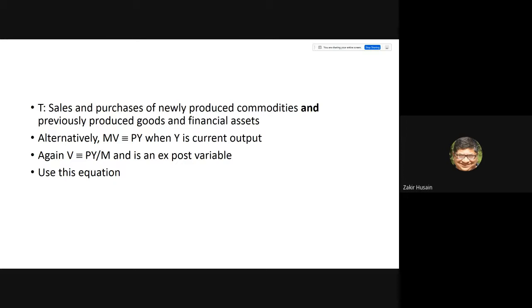Again you can easily solve for V, defining V as PY by M, and this will again be an ex post residual variable. Depending on the money supply, V will go up or go down. We are going to use this equation. All right?